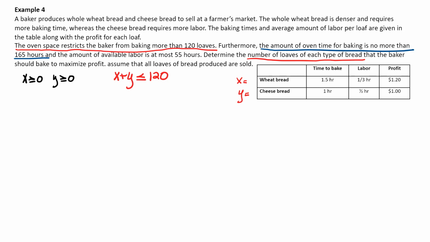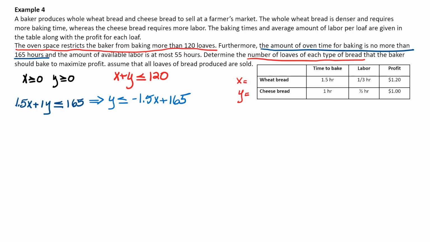So the number of oven hours that we'll be using is X times 1.5 plus Y times 1, and that has to be less than or equal to 165 hours. Now that we have that equation, I'm going to solve it for Y, moving everything to the right side and leaving the Y on the left side. So that's Y less than or equal to negative 1.5X plus 165. So that is the equation about oven time.